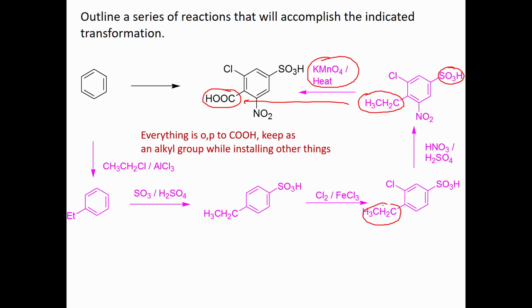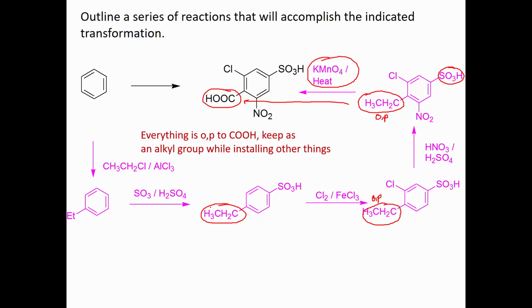The ethyl group all throughout is an ortho-para director, and it's going to send our reaction exactly where we want it, or it's going to make our group go exactly where we want it to go. Okay? All right. And in the previous step, again, this ethyl group is the controlling group, and para has already got something there.